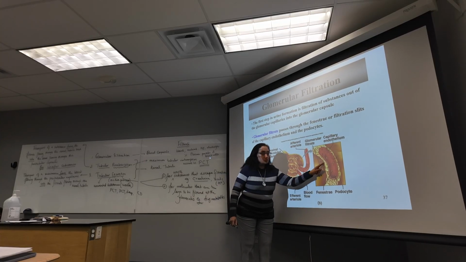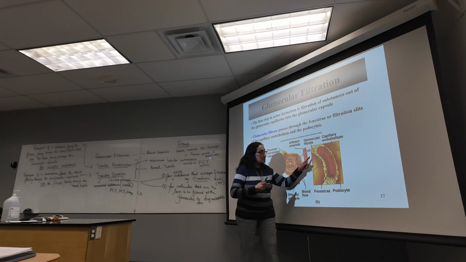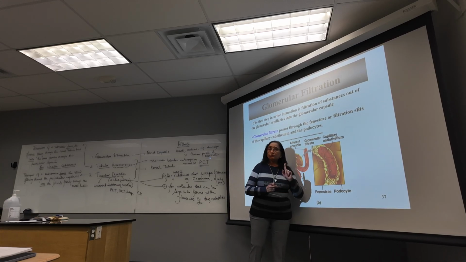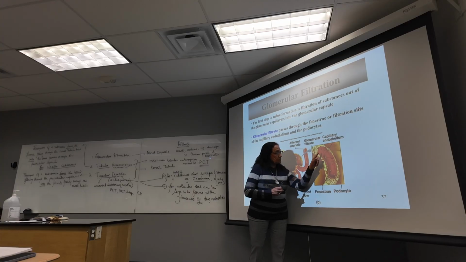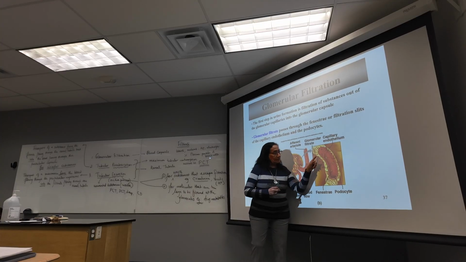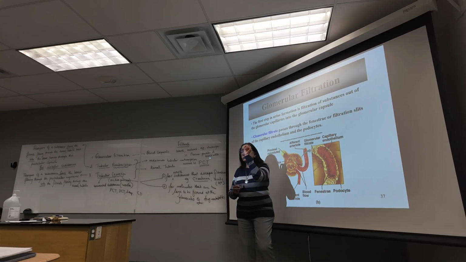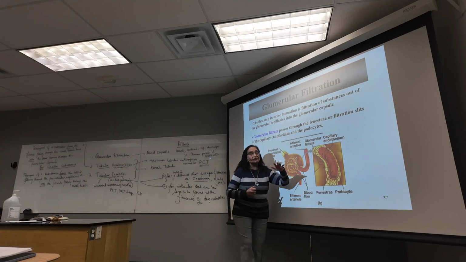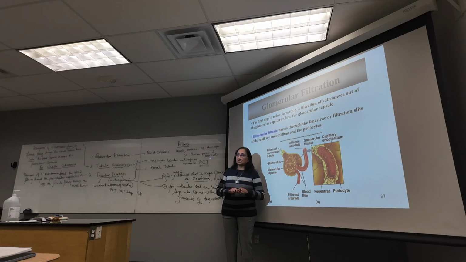You have the podocytes, which form the visceral layer of the glomerular capsule, and then you have the endothelium. Both the capillary endothelium and the podocytes have lots of tiny openings, so substances can filter out very easily.